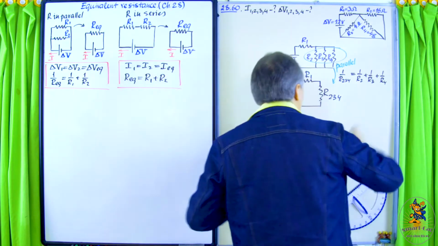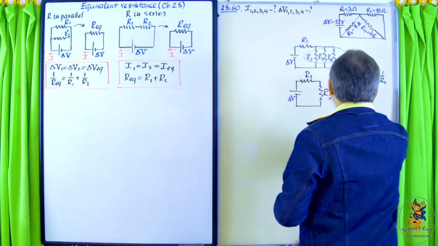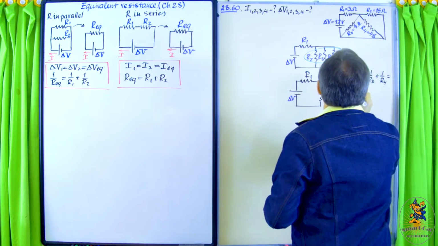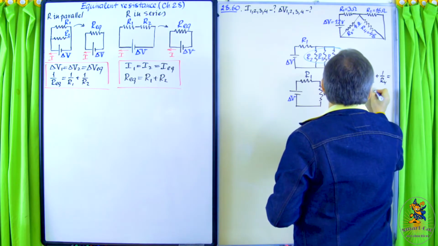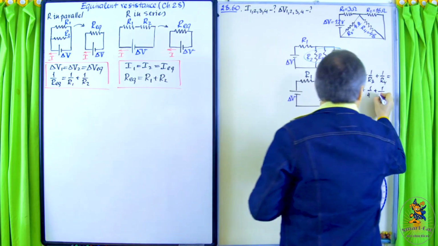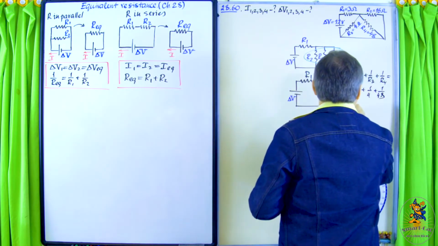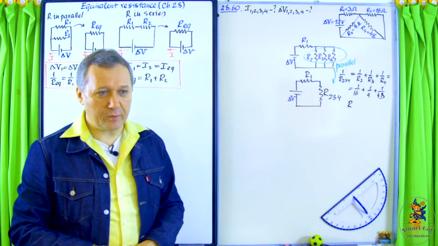Okay, of course you can plug in numbers. Maybe I will write, it's 1 over 16 plus 1 over 4 plus 1 over 48. Anyway, you can easily calculate, bringing it to the same denominator.